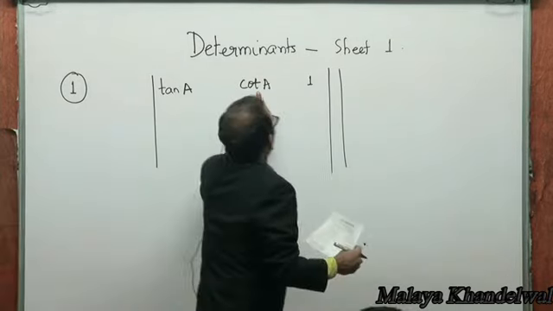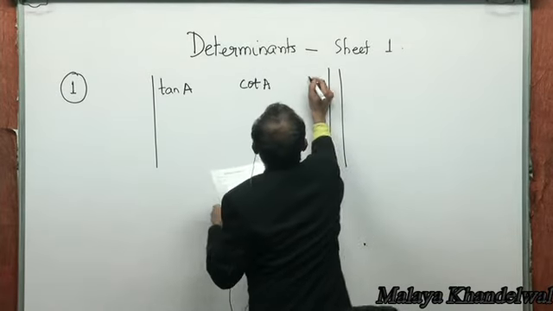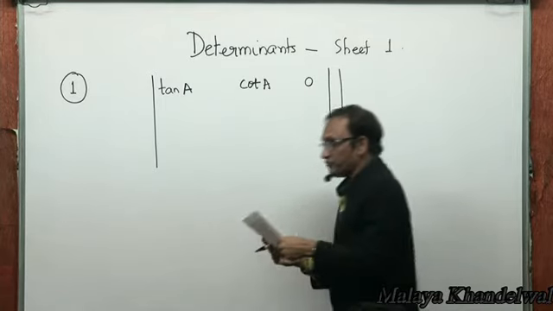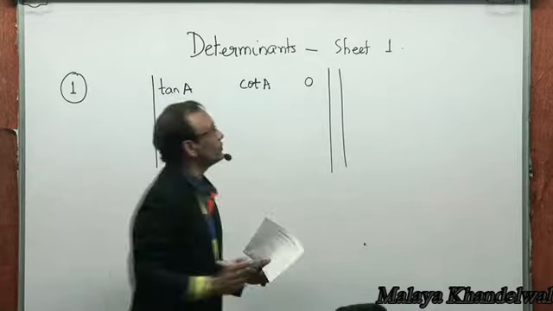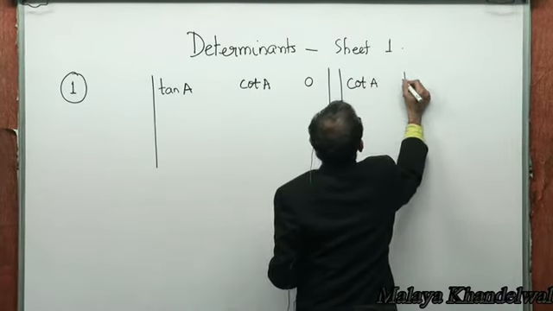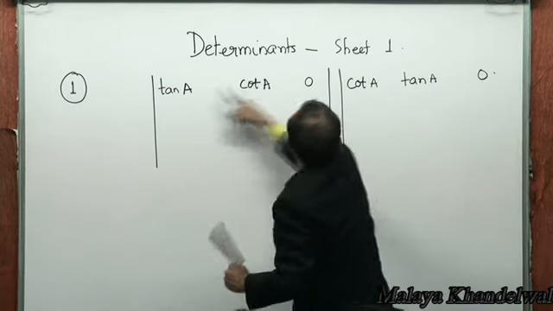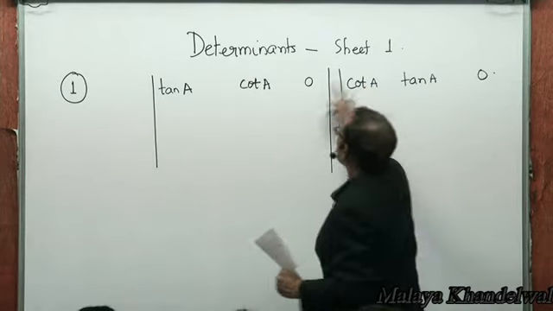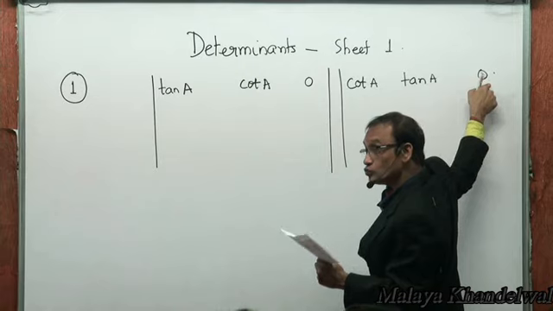Now, tan A, cot A. Look at the first term, which is 2. One of the ways you could have obtained 2 is if this was like cot A, tan A, and 0. Then the first term would have been tan A cot A plus cot A tan A plus 0, 0, which is going to be 2.